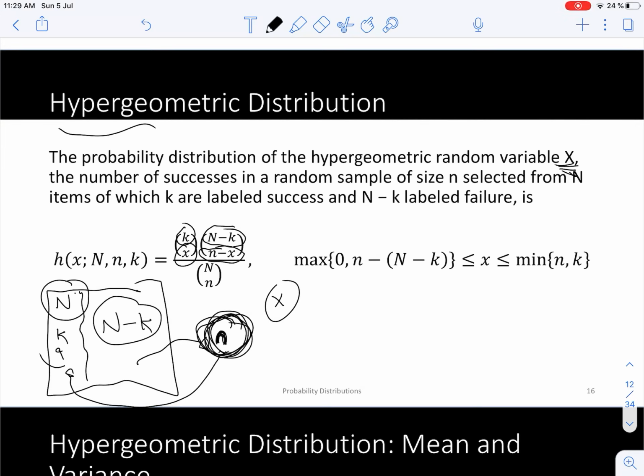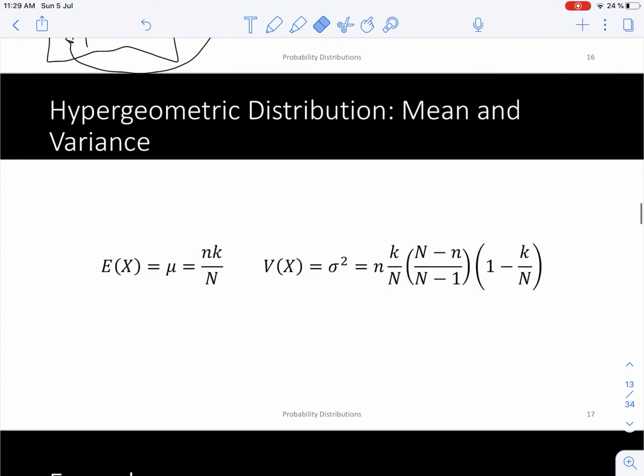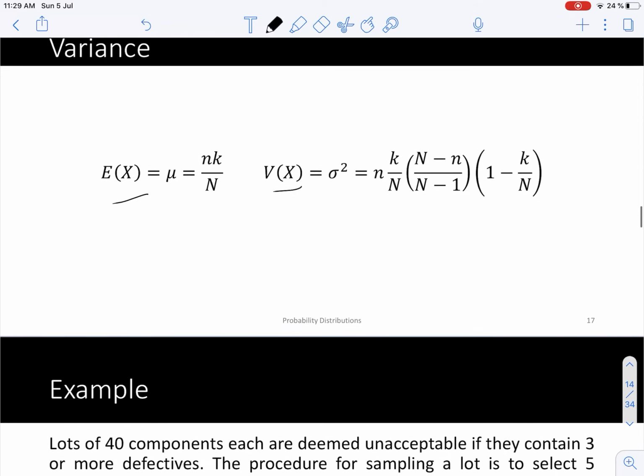So that's the numerator, and the denominator means the number of possible selections. So if we have N objects in total, capital N, and we pick a sample of n, then all the possible combinations is N combination n. I know it sounds a little bit abstract, so let's check an example and you will see that it makes sense now. Of course, we have here the expected value and the variance equations.